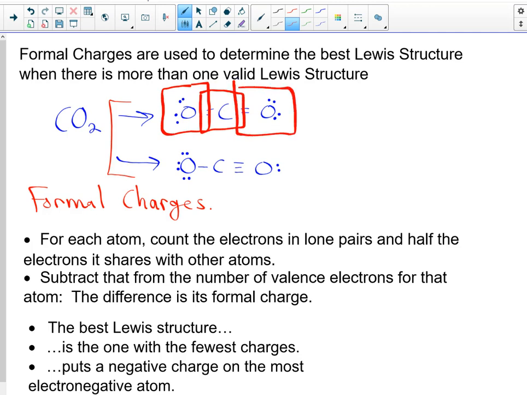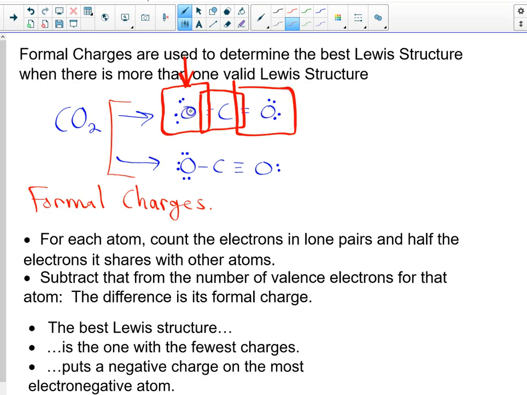So our formal charge for each atom, so we'll look at this oxygen right here. There's that double bond right there. So count the electrons in lone pairs. So this one has 1, 2, 3, 4. Are we okay with that so far? All right. And then half of how many it's sharing. If there's a double bond, how many is it sharing? It's sharing 4. And we take half of that, and that's 2, right?